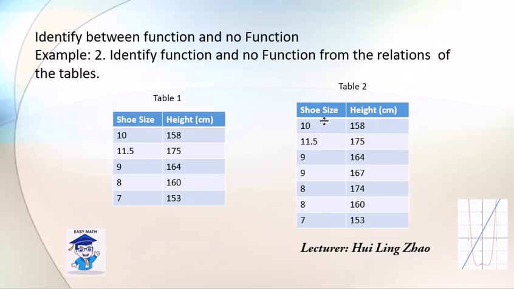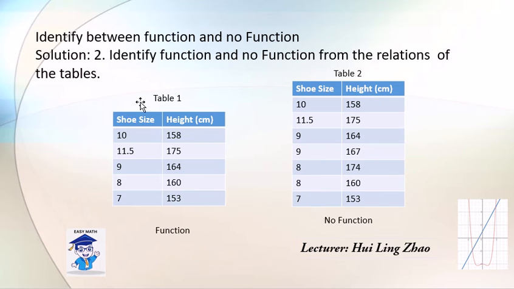Table 2, the first column values are 10, 11.5, 9, 9, 8, 8, 7, but the height in cm is 158, 175, 164, 167, 174, 160, 153.